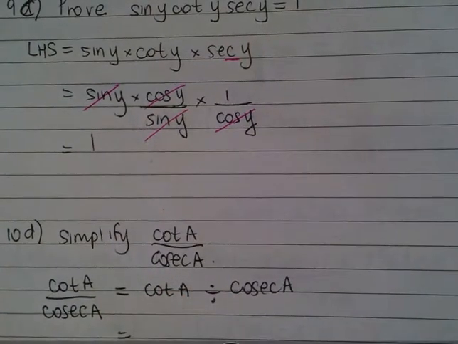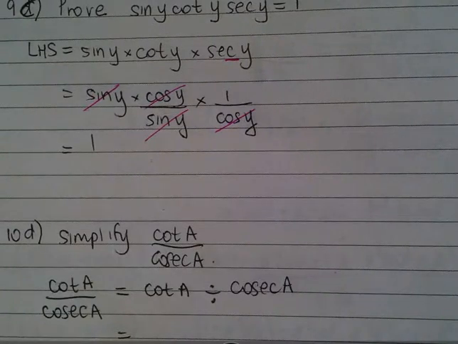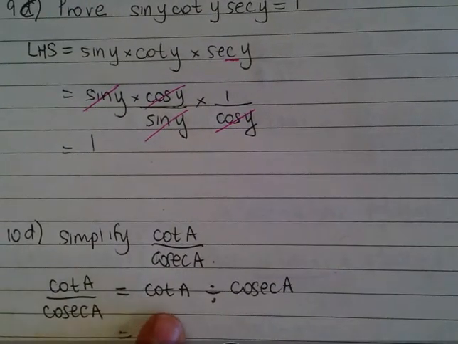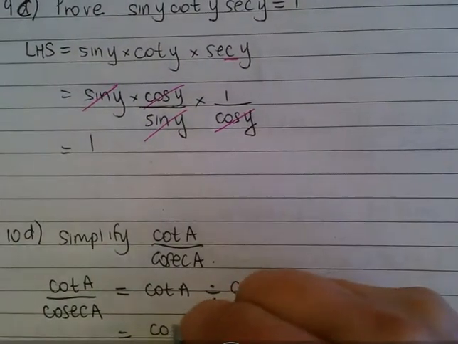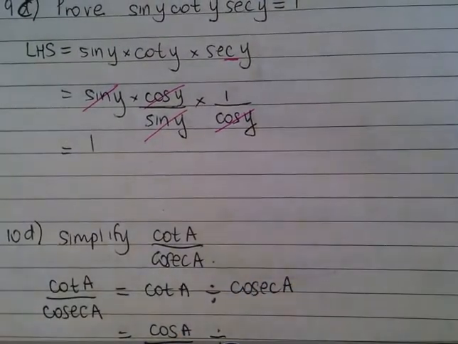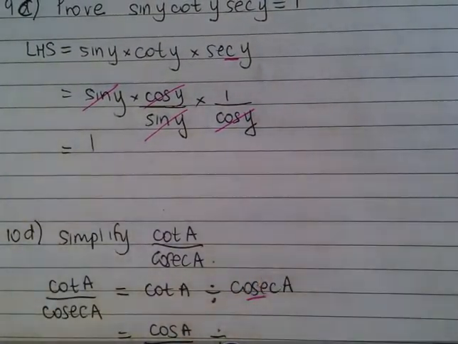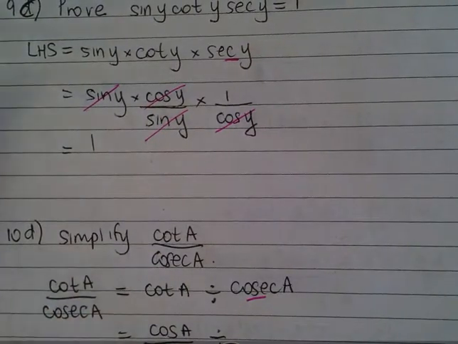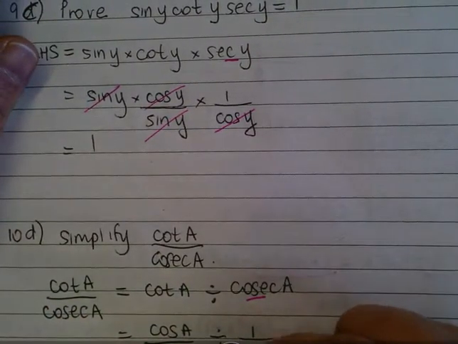Now, you can think what you want to use for cot. I probably wouldn't do 1 on tan because what is cosec? So I'd probably be doing not 1 on tan. I'd be doing, is it sine on cos? Yeah, I'd be doing cos on sine divided by, and the reason is I'm guided by cosec, which is 1 on sine.